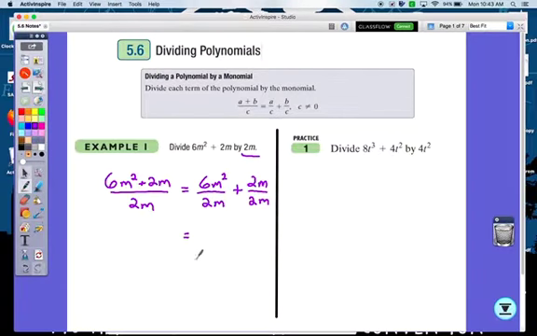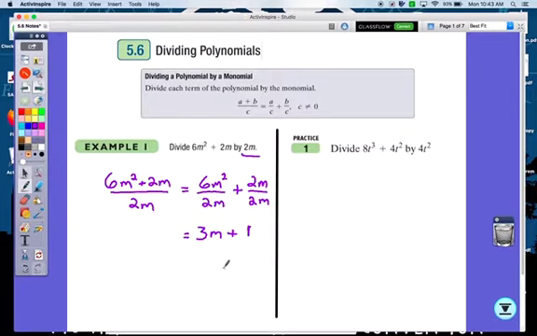All right, and then you're going to simplify like we did in a previous section. The 6 divided by 2 is 3. When we subtract the exponents, 2 minus 1 is m to the first. Plus, and then 2m divided by 2m, since it's the same thing on top and bottom, that turns into 1.